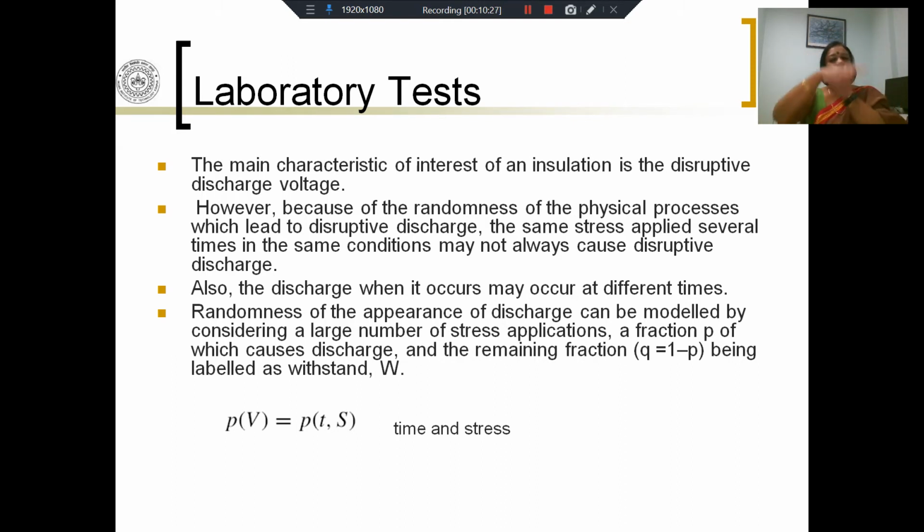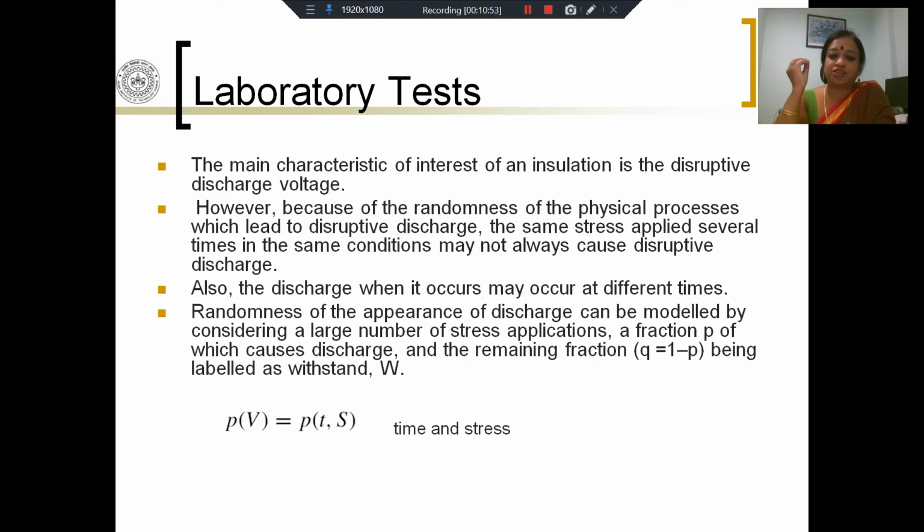From a very large number of tests performed on the same sample, you cannot perform it on the same sample, but a similar, identical sample, same voltage applied for same times, you build a data set. From the data set, you can calculate what is called the probability of failure. The probability of failure will be a function of time as well as stress.